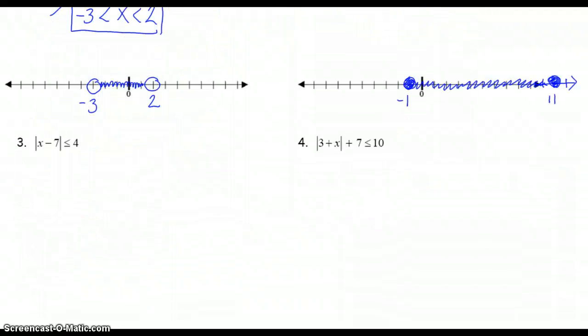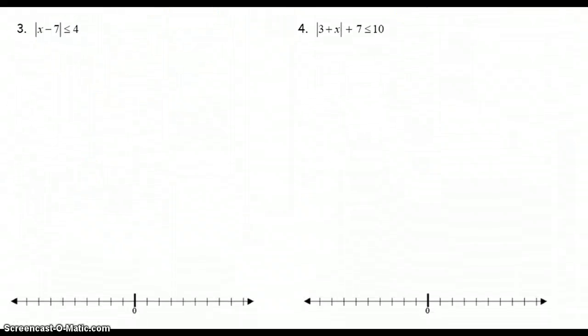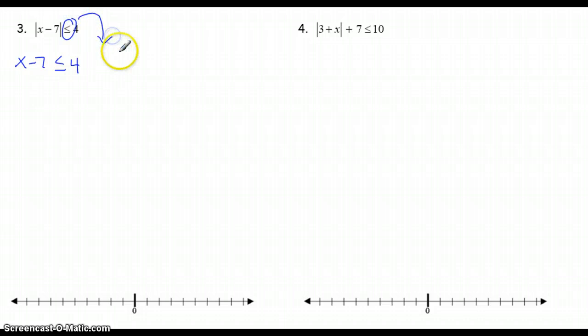Let's continue with number 3. X minus 7 is less than or equal to 4. So we're going to break this into two problems. X minus 7 is less than or equal to 4. Look at your symbol. What is the word? It's an and because of the less than symbol. Our other inequality will be x minus 7.